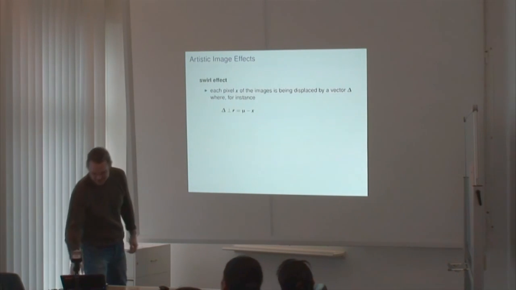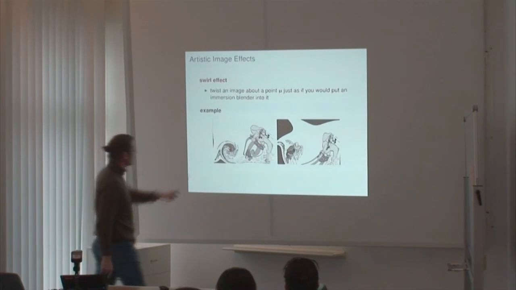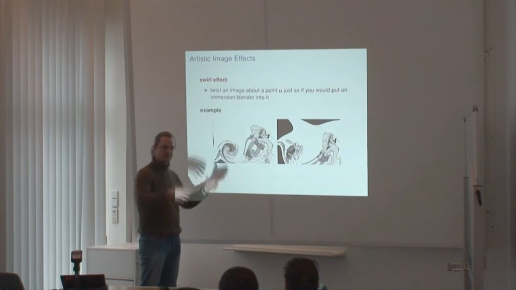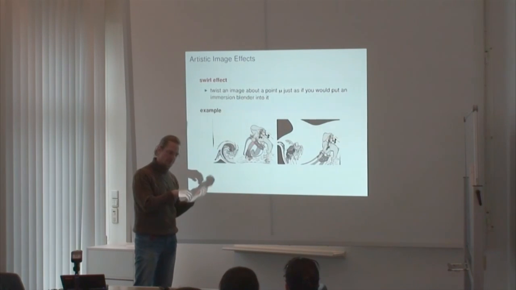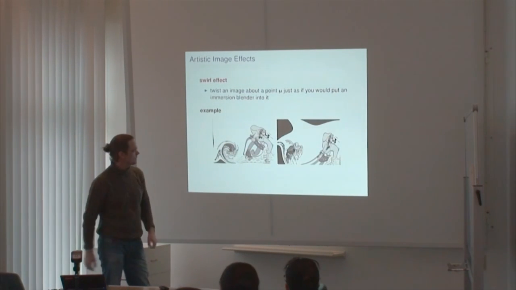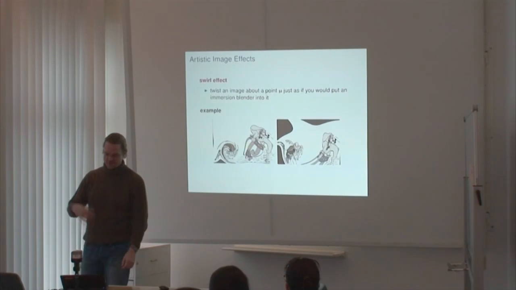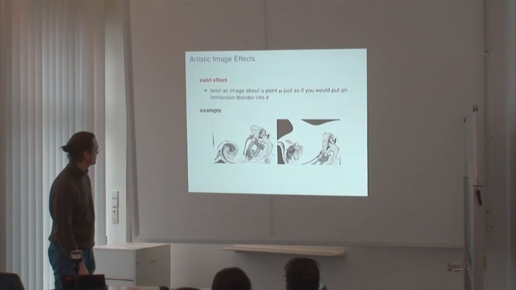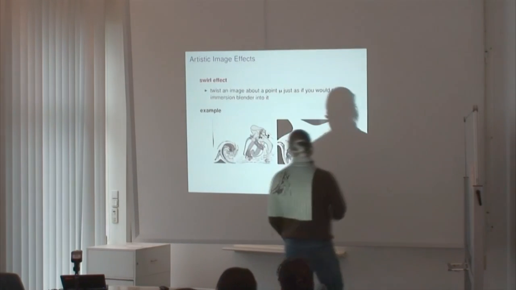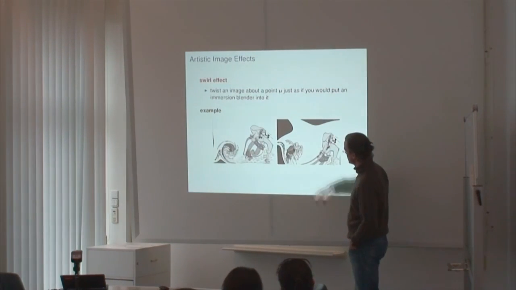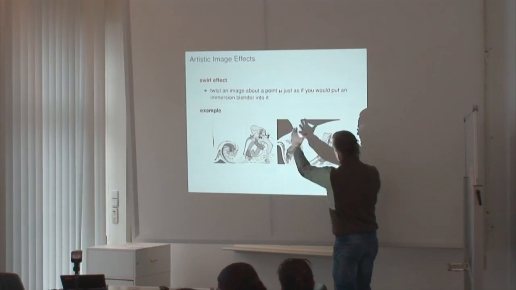At some point, there is a center point of the distortion. This is where we insert, metaphorically, the immersion blender into the image, and then we switch it on, have it rotate for a couple of rotations. Or here, obviously it was not such a powerful one, but had a larger radius.